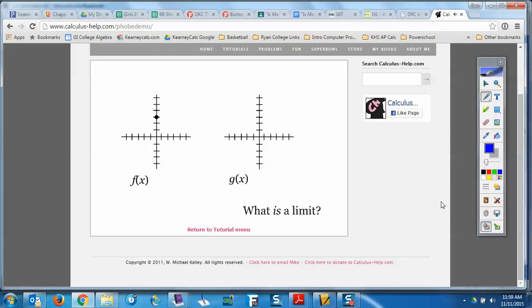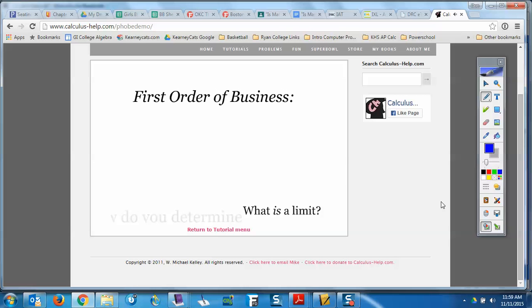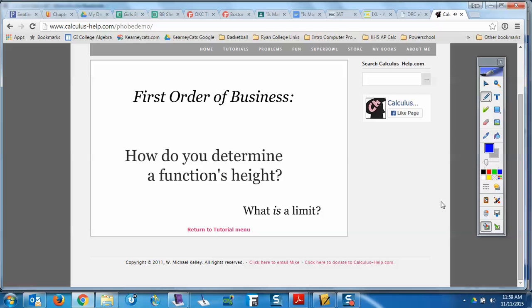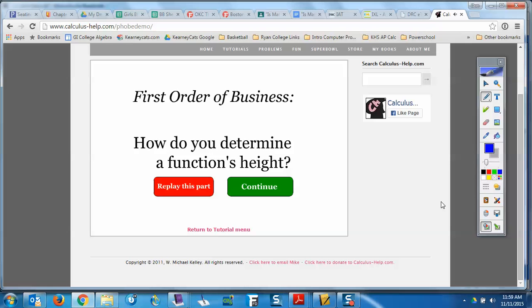If a function intends to reach 3, it reaches 3. If a function intends to go 6 units high, it goes 6 units high. There hasn't been a lot of mystery so far. So I understand that you might be a little confused, but you've dealt with function heights a lot. So we might as well review function heights a little bit and then get into exactly what I mean by intending to go to a certain height.